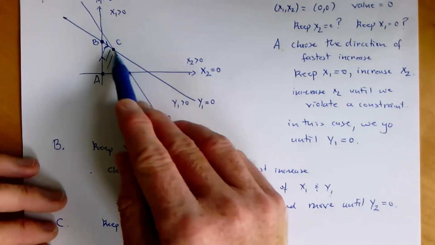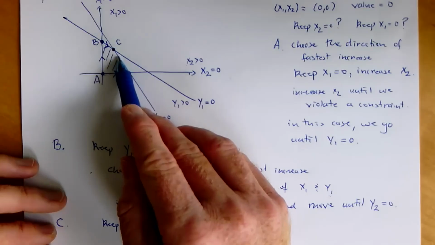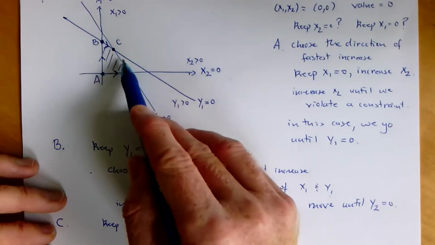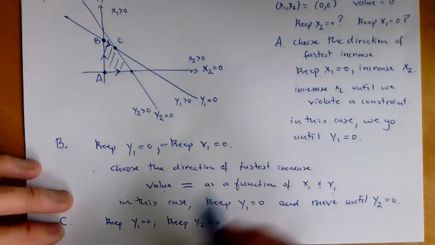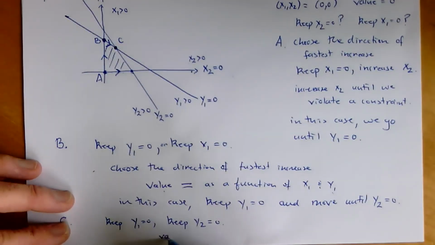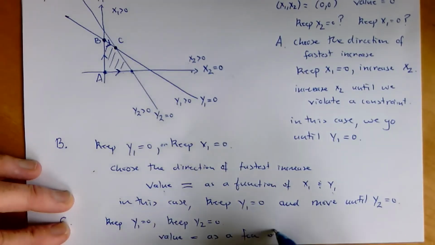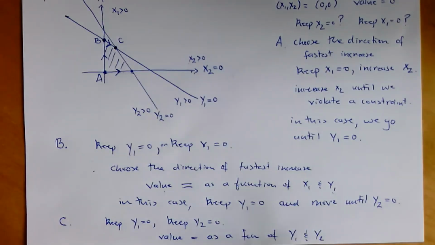If I move along y2 equal to 0, I'm going to decrease. We would see that by, again, expressing the value as a function of y1 and y2. When we do that, we see that whatever we do to y1 and y2, in terms of increasing those values, the function value is going to decrease, and we know we're done.